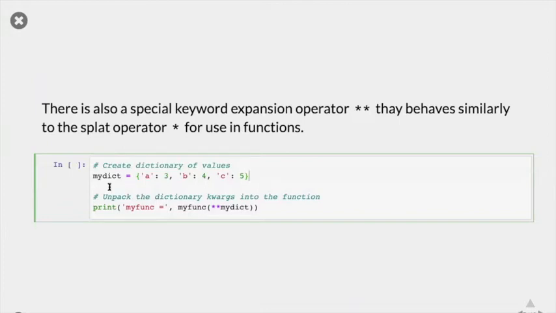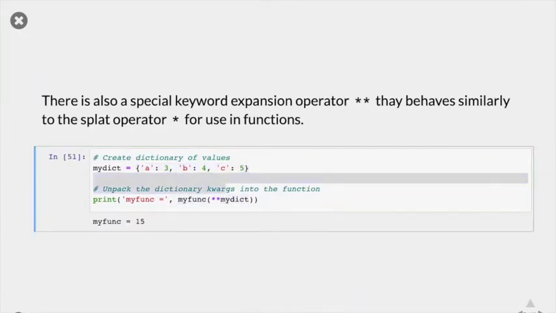Imagine we have a dictionary with A, B, C, 3 values with the corresponding key-value pairs. Rather than explicitly indexing all of the elements in the function, I could just unpack it. If I have a dictionary with key-value pairs that correspond to the arguments I need from my function, I can unpack the dictionary directly into my function, and it works.